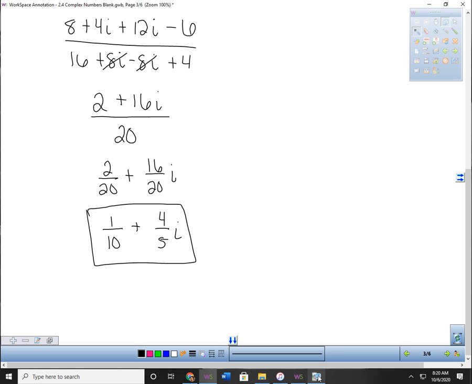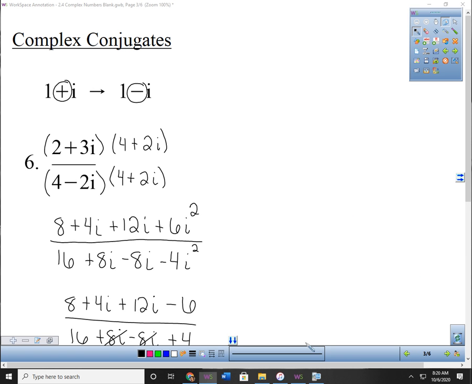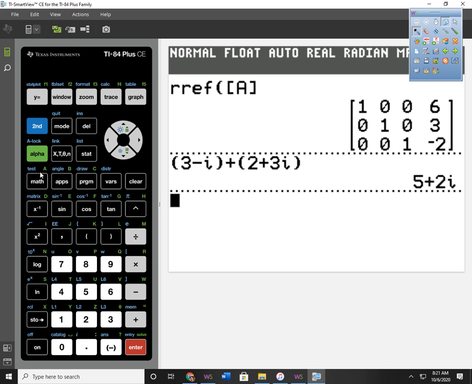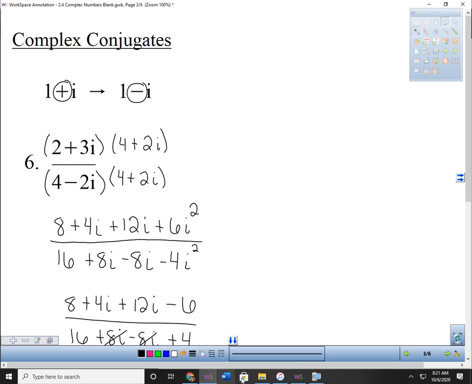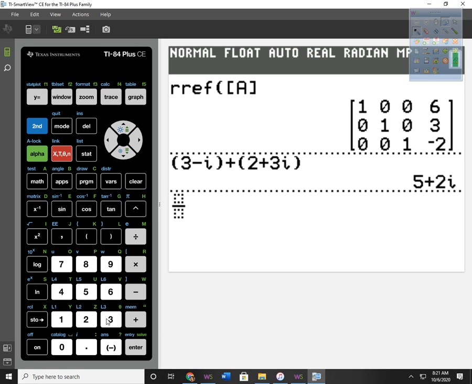Now, I think both of you have the newest calculator. If you get yourself a fraction, right, and in the top we should have 2 plus 3i, and in the bottom we have 4 minus 2i.